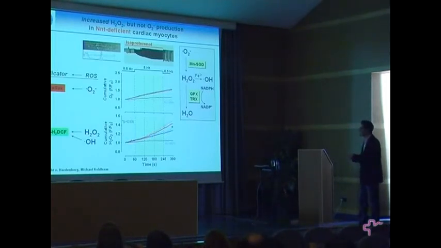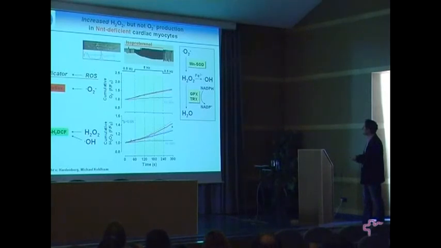So now it's the other way around, because now we have a condition in which we push the activity of the Krebs cycle to reduce NADH, and in this situation the whole reaction goes in the forward direction.